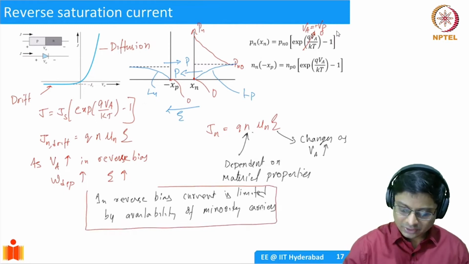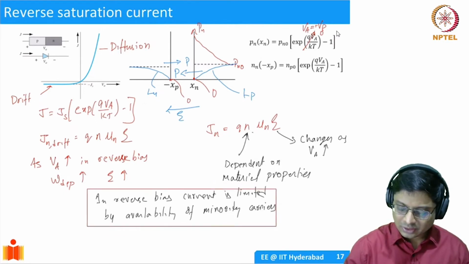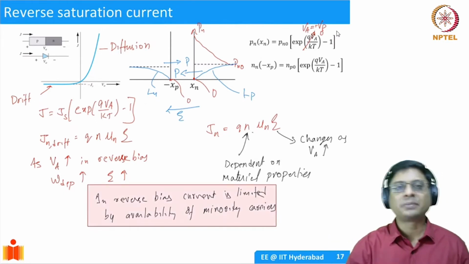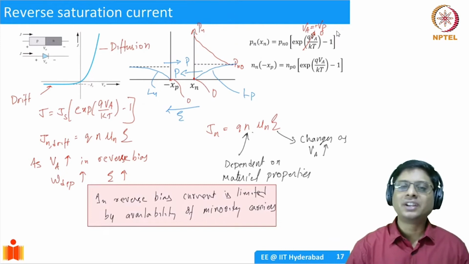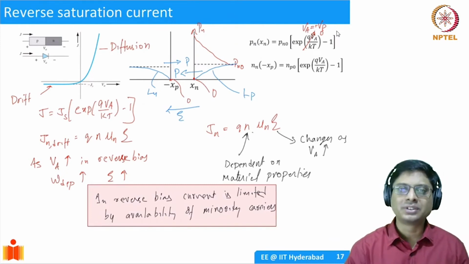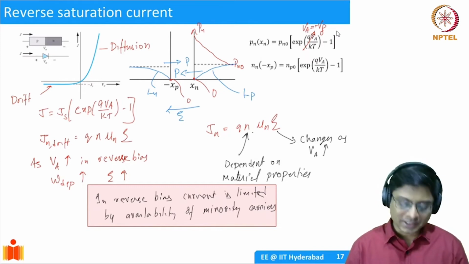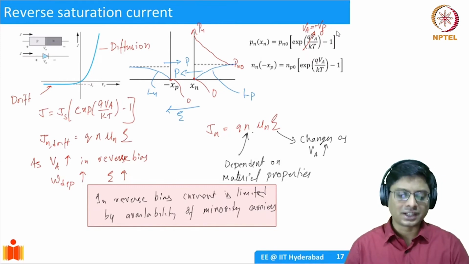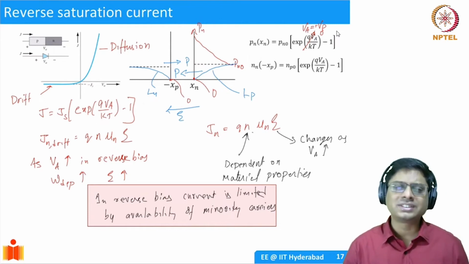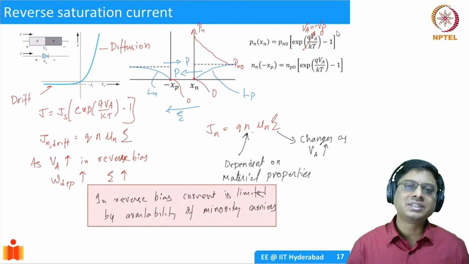As many minority carriers as are present, that many of them will be swept across the depletion region. The electric field is sufficient to sweep them off, but we are limited by the number of carriers. That's why in the reverse bias the current is constant. This is a very subtle point, but it is important to consider.